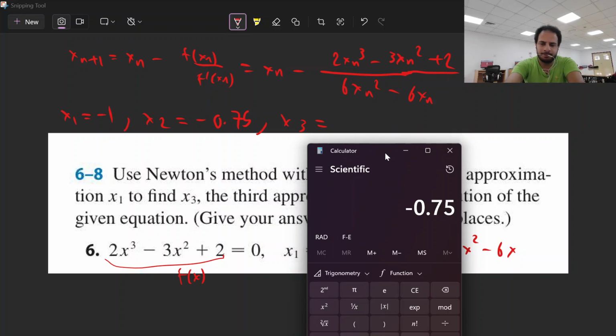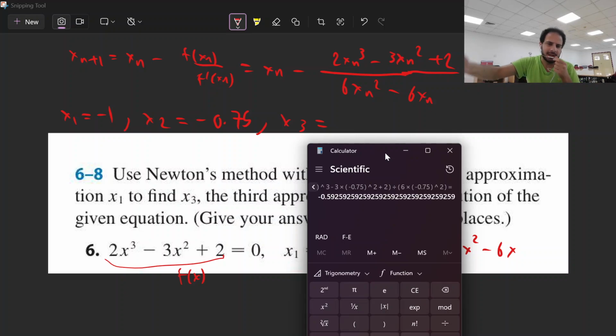So control V minus 2 times (control V)^3, minus 3 times (control V)^2, plus 2, divide by 6 times (control V)^2, then plus, because it's negative number times negative number, then it will be plus 6 times 0.75.